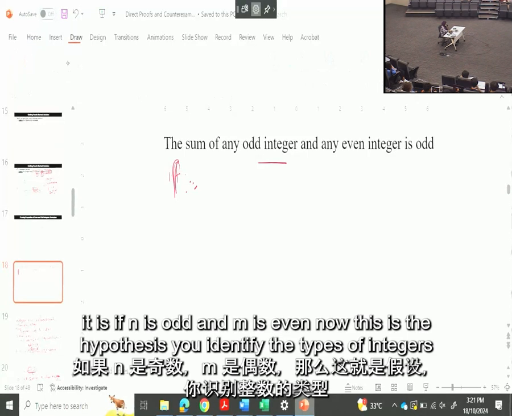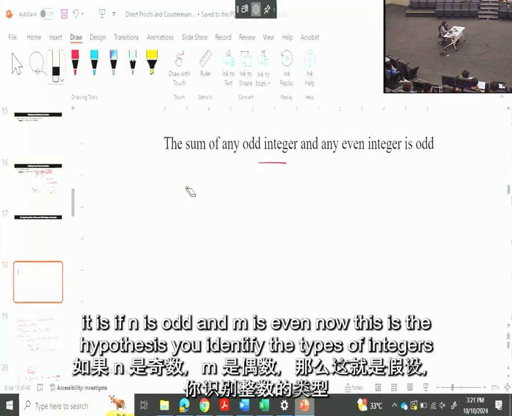It is: if n is odd and m is even. Now this is the hypothesis.